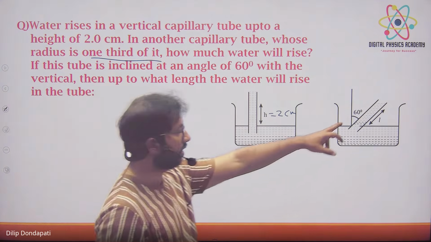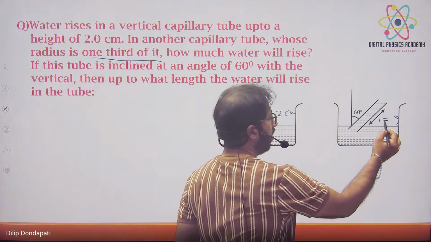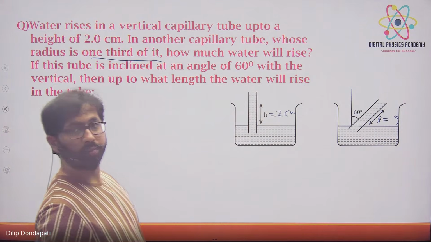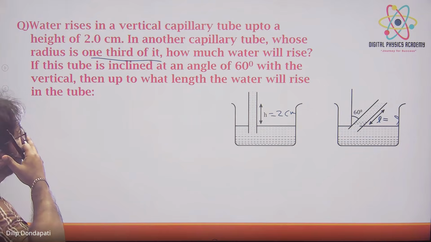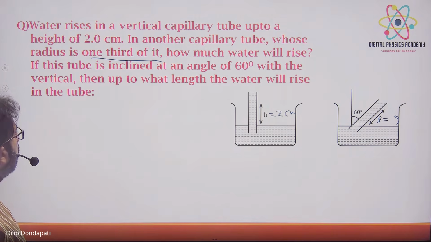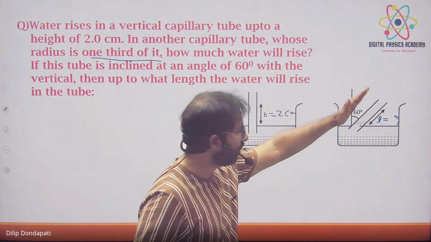Matlab, L value is asked. Same question mein, L value is how much? Won't it just be 6? He's asking the length of the water. Matlab if I incline it at 60 degrees, then L cos 60 is the height.